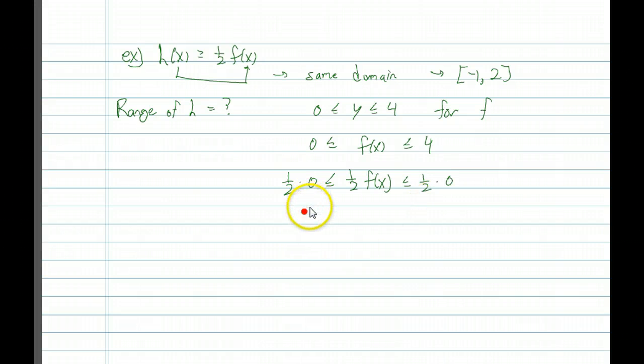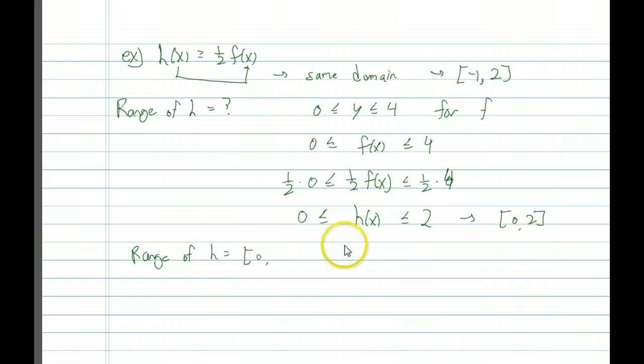Half times 0 is 0. 1/2 times 4 is 2. In the middle we have h of x, that's what our formula is defined to be. And so we get h of x is between 0 and 2 this time. So that's telling us the range for h is the interval 0 to 2. If we multiply each of the output values for f by a half, we're going to make them smaller. So this time our graph is going to be compressed by a factor of 2.